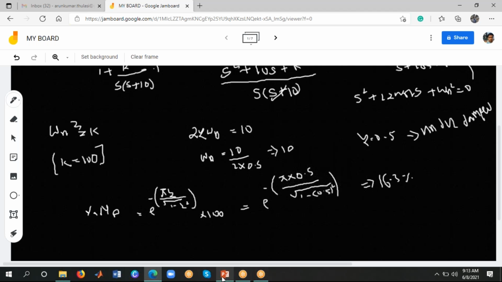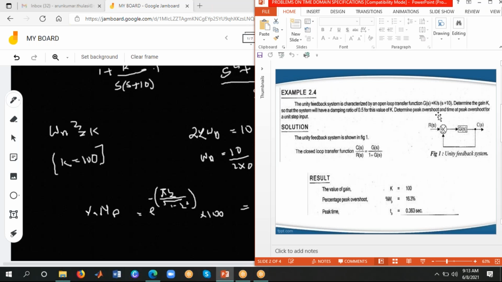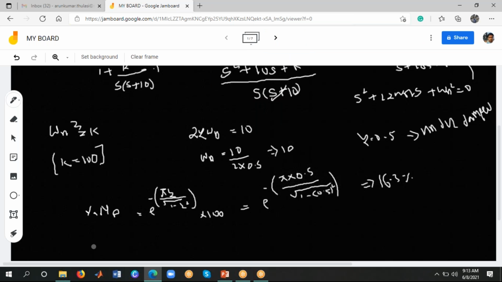And the second thing we have to find is the time at peak. That is peak time. Okay? Let me see the peak time here. So Tp is equals to, what is the formula for peak time? Pi by omega d. And here omega d is given by omega n into square root of 1 minus zeta square. Then find this value.